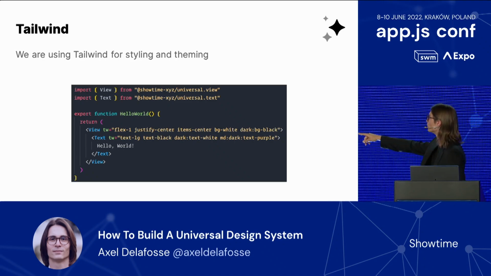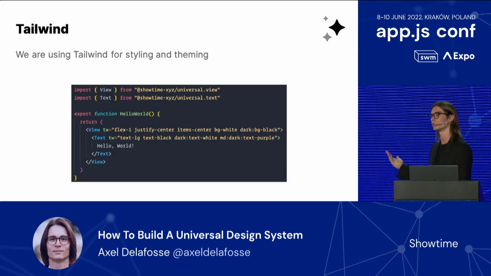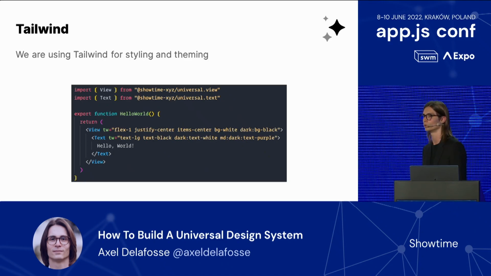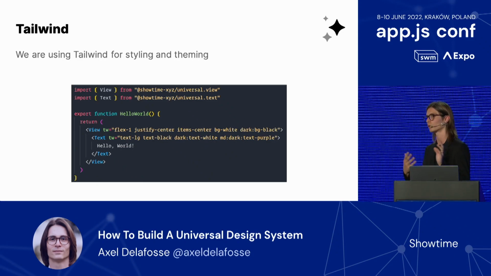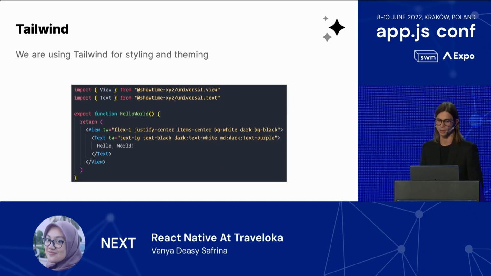You can see here dark mode and responsive design are made very, very simple thanks to this approach. I'm looking forward to improving this in the next version. We are going to use a new library called Tailwind CSS React Native, which will use actual CSS on web. So it requires a new version of React Native for web, but it's definitely the way to go. And it's working very well for us.